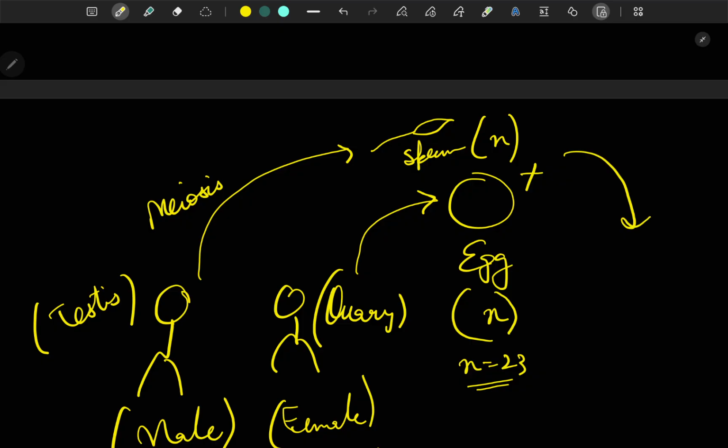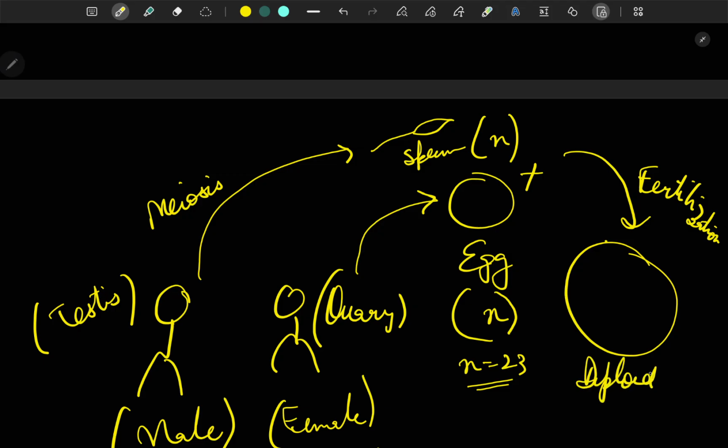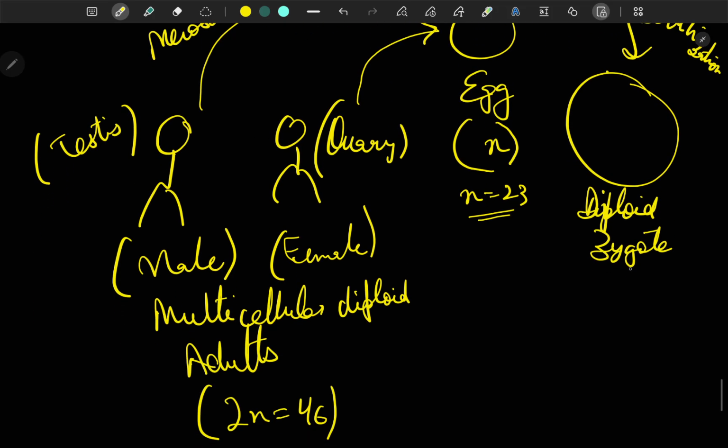to form a new thing through the process of fertilization, a diploid zygote. The sperm and egg completely fuse together and form the diploid zygote. It is diploid, which means 2n is equal to 46 again.